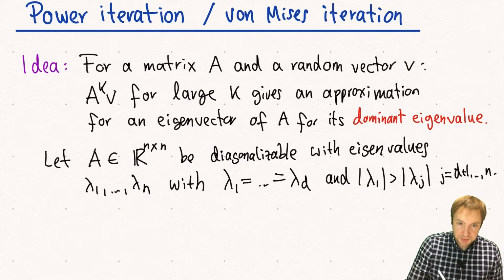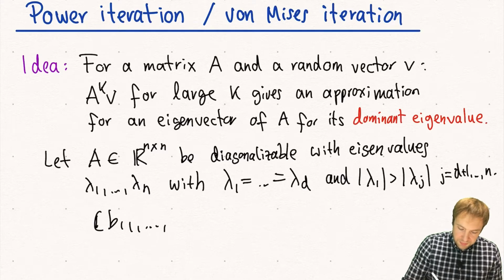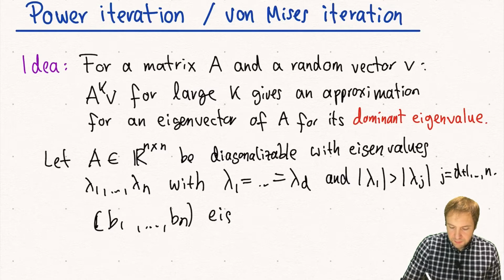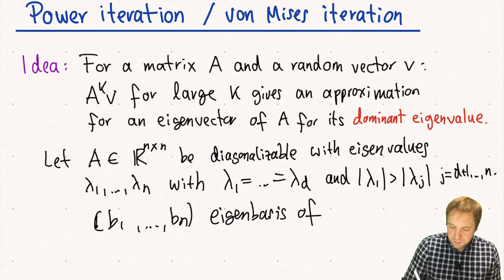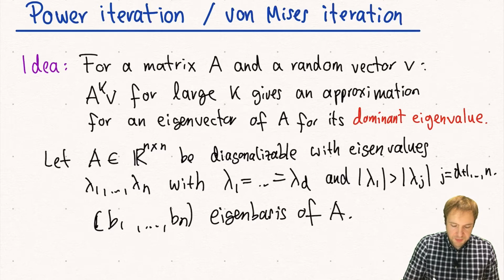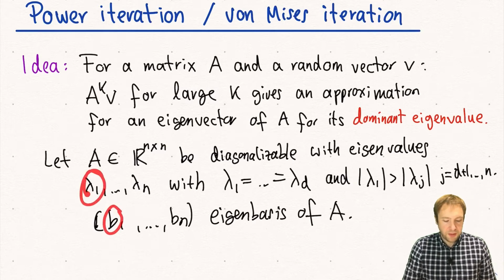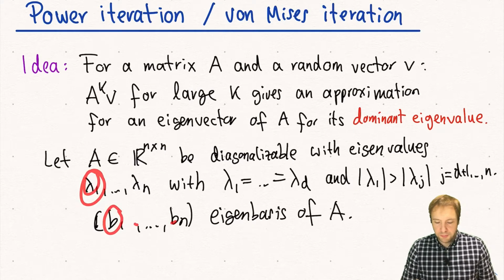And now consider a basis of eigenvectors, an eigenbasis. Here I mean that b1 is an eigenvector with eigenvalue lambda 1, and so on.